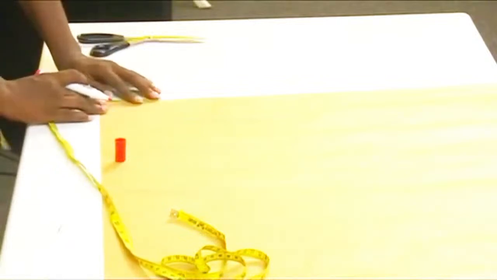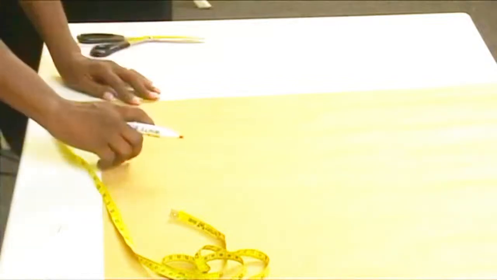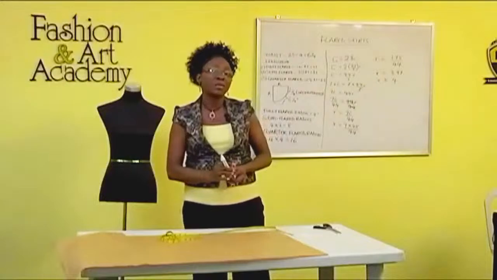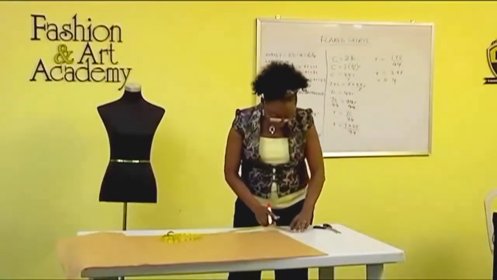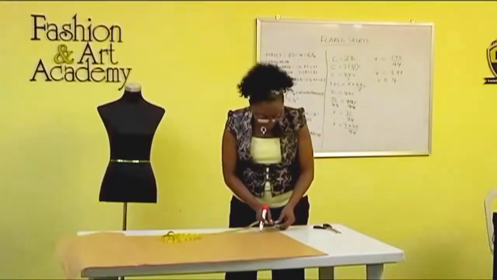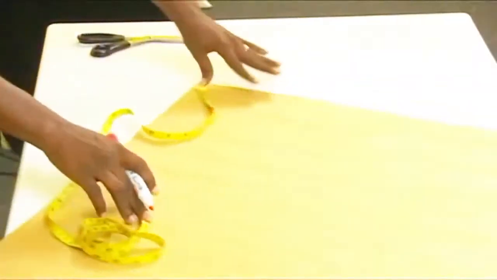Now if I take a look at this, what I have here is close to 3 3/4. Okay, what I have here is actually 3 5/8. So let me use 3 5/8 and check how it looks. I'll take it from this point and begin to measure out.